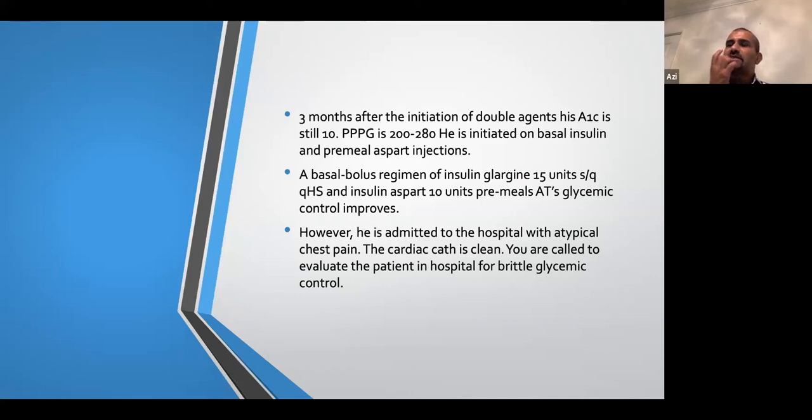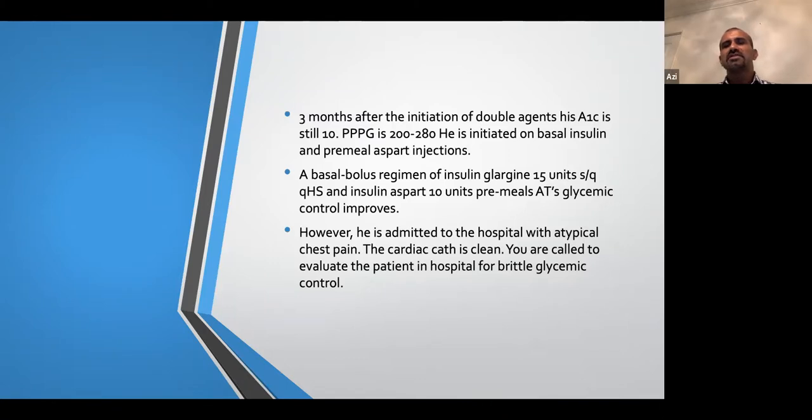Three months after initiation of a double agent, the patient's A1C went up, and postprandial glucose is 200 to 280. Now the patient should be started on basal insulin, and this is the criteria: right after failing 2 agents, A1C more than 9, postprandial glucose high, or if there is ketosis.